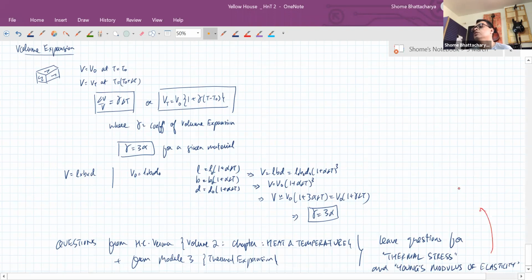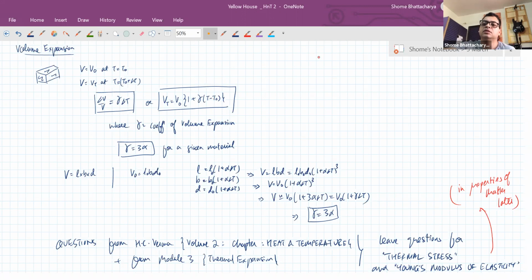This we will do in properties of matter later. So other than questions involving thermal stress, you can complete all questions related to thermal expansion.